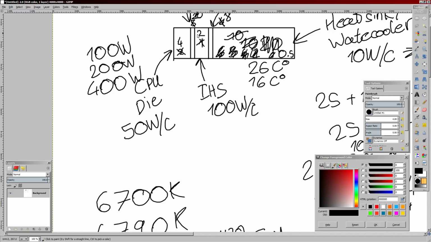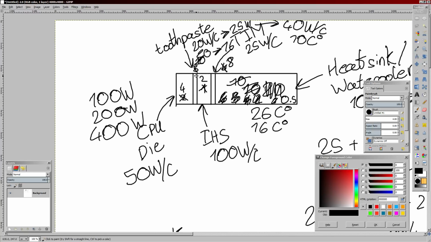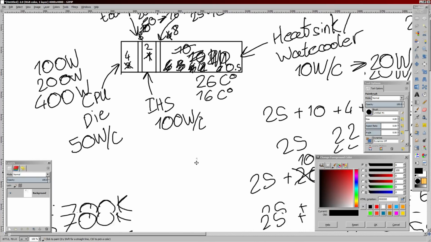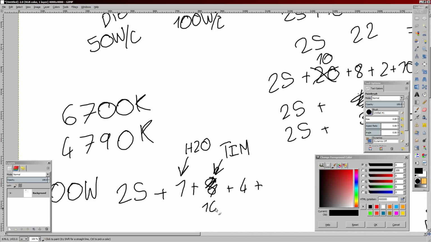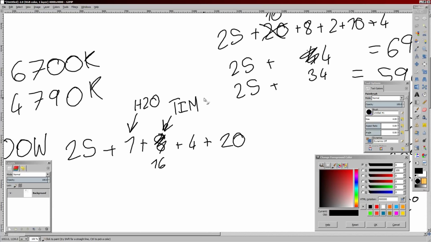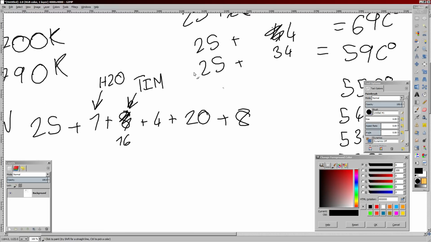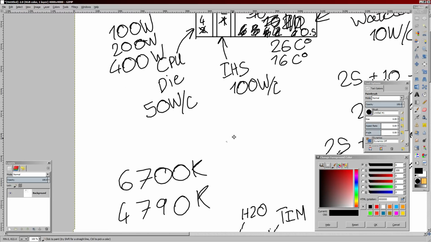Plus, what was it, 20? Yeah, plus 20. Wait, what? 8? I'm dumb. Plus 16. Plus 20. And plus 8. Because, of course, our die also adds thermal resistance.